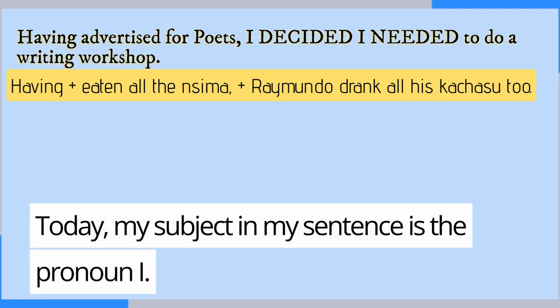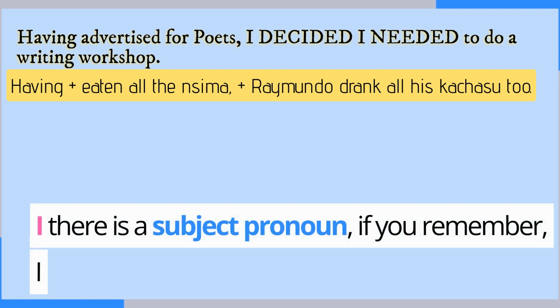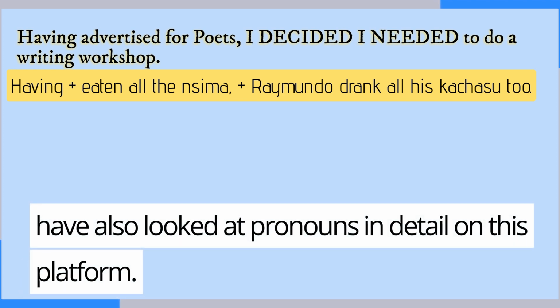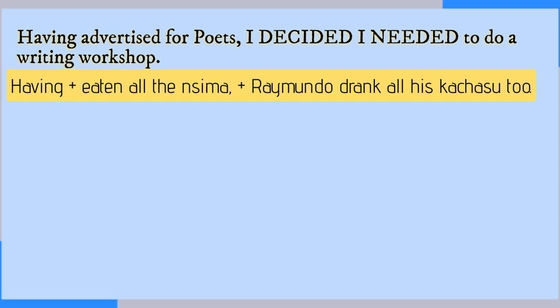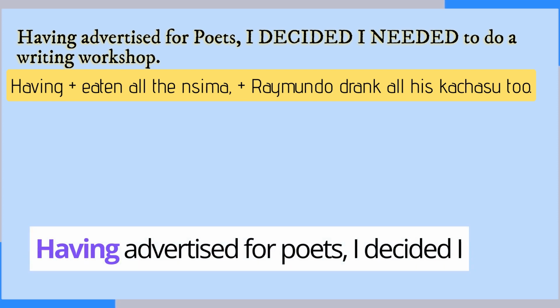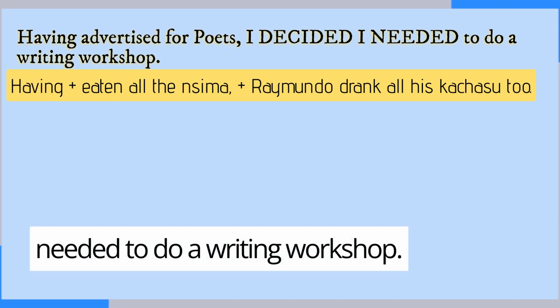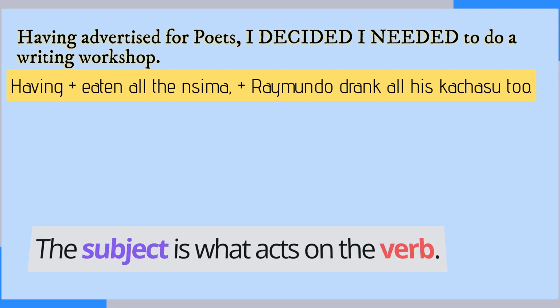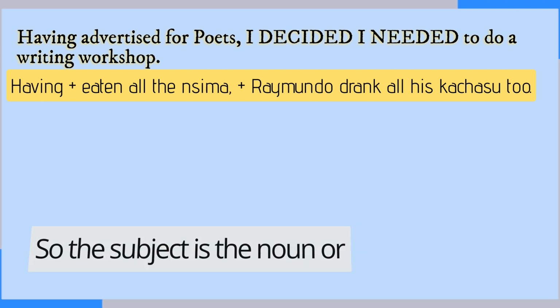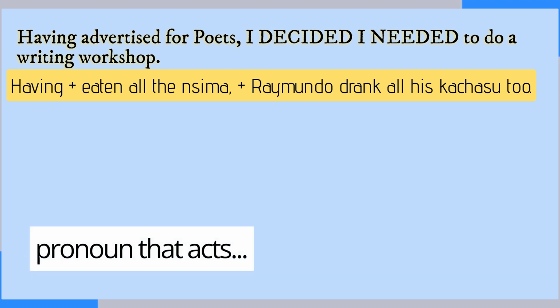Today, my subject in my sentence is the pronoun I. I there is a subject pronoun. If you remember, I have also looked at pronouns in detail on this platform. Having advertised for parts, I decided I needed to do a writing workshop. The subject is what acts on the verb. So the subject is the noun or pronoun that acts.